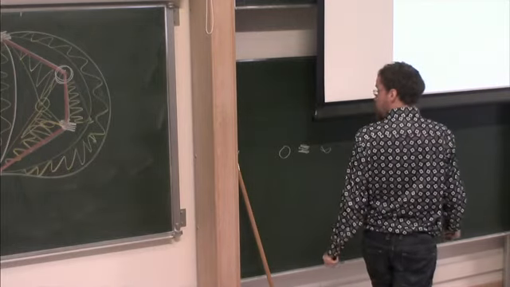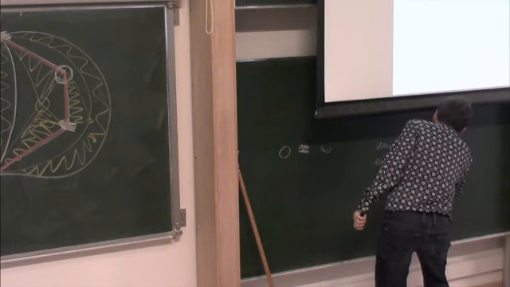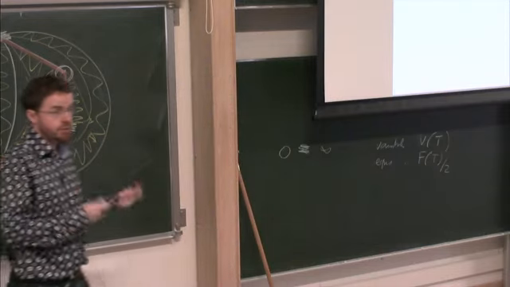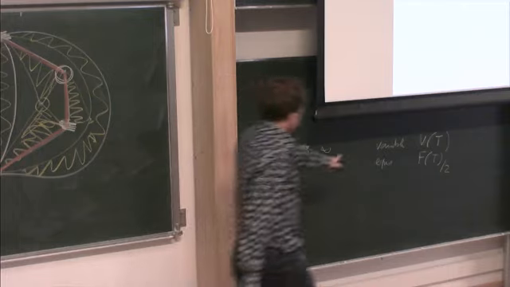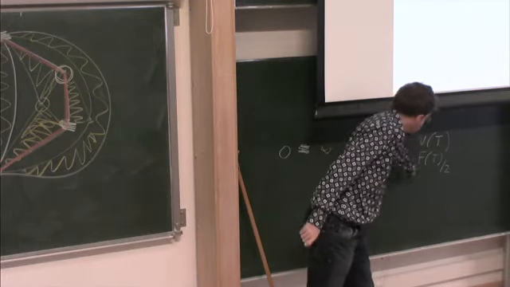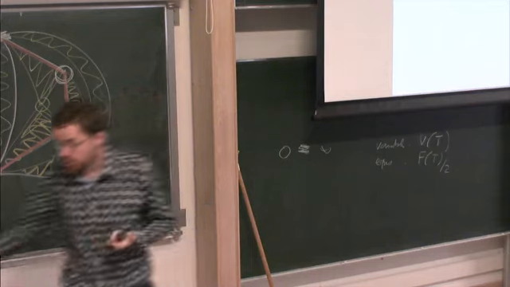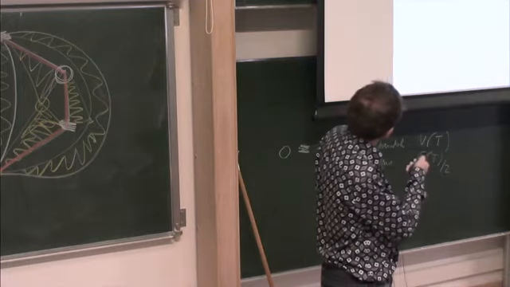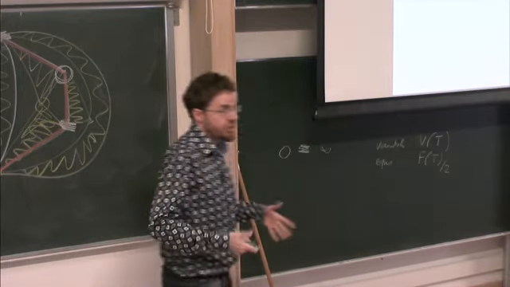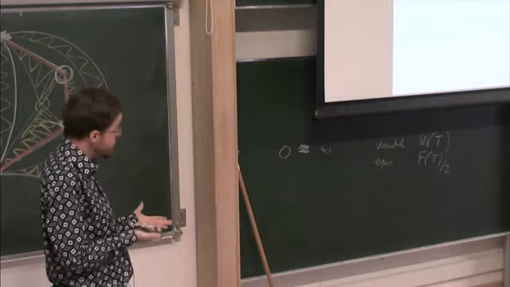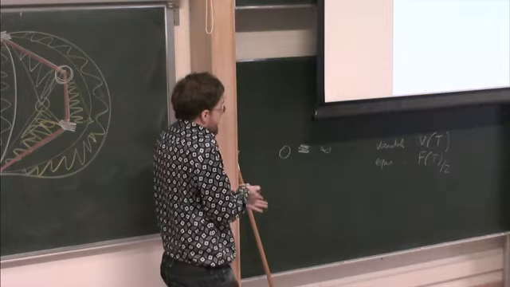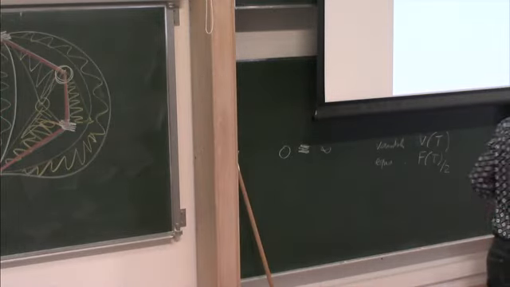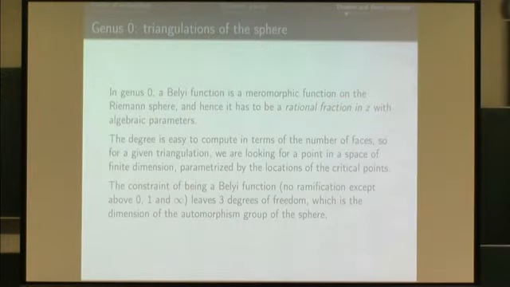If you count it right, this is the faces of t divided by 2. That's the number of conditions that you need to satisfy. Then you look at this minus this, and it gives you the number of degrees of freedom for this set of equations. What you find is that it leaves 3 degrees of freedom, which is exactly the dimension of the automorphisms of the sphere. And that's how it should be, because you can still post-compose this by some automorphism of the sphere, and you get another solution.